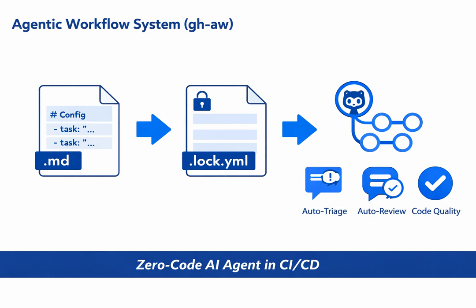Then, using the GHA compile command, the system automatically converts Markdown into executable .lock.yml files. Using YAML front matter plus natural language instructions, you can create executable actions. Typical applications include automatic issue triaging and labeling, automatic PR review and feedback, and code quality checks with suggestions. Its core value is zero-code definition of AI agents in CI/CD.